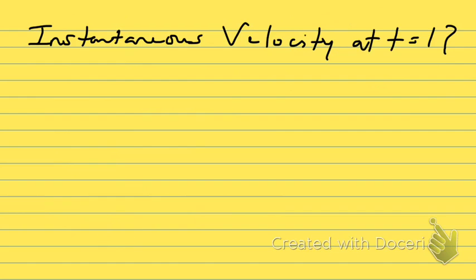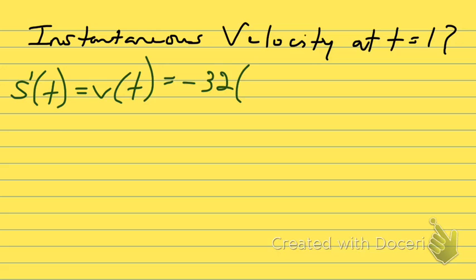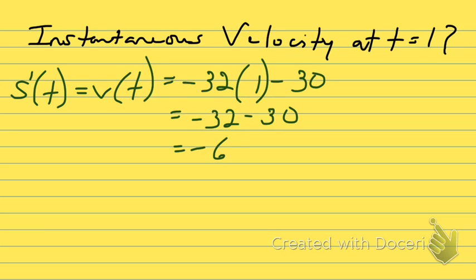What's another question? What is the instantaneous velocity when time is 1? We would plug into our first derivative, the velocity function, which says negative 32 times whatever is the time, take away 30. That is negative 62 feet per second at time is 1 second.